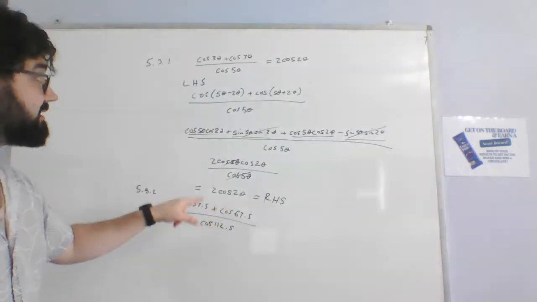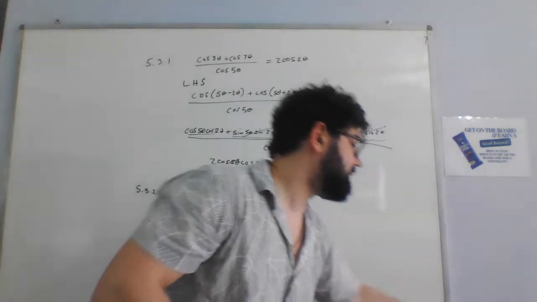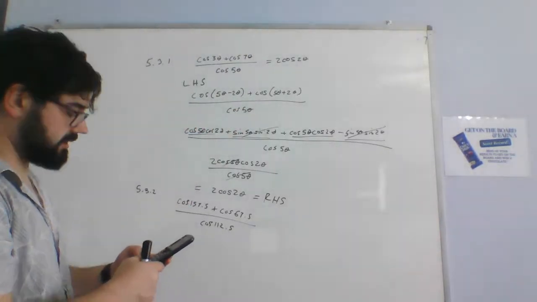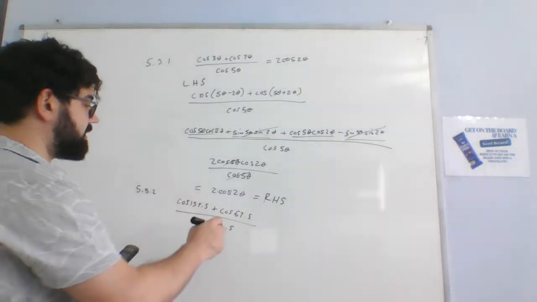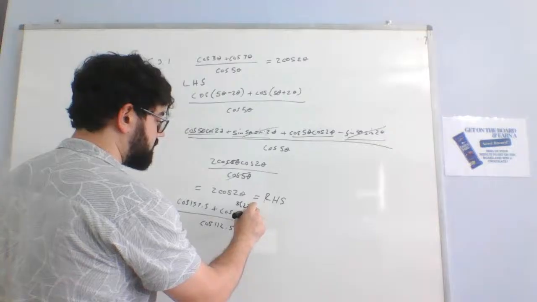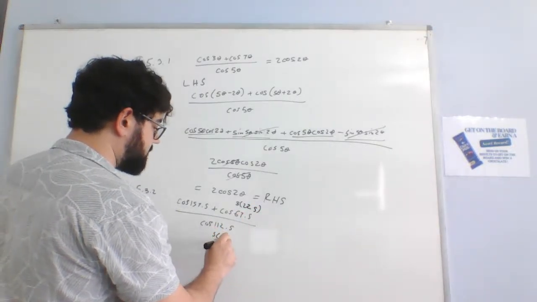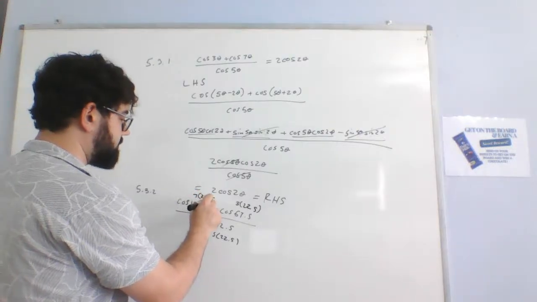So we want to take these and divide to see what theta should be in this example. If we take 67.5, which is the smaller angle, and divide by 3, we get 22.5. So this is cos of 3 times 22.5, this is cos of 5 times 22.5, and this is cos of 7 times 22.5.